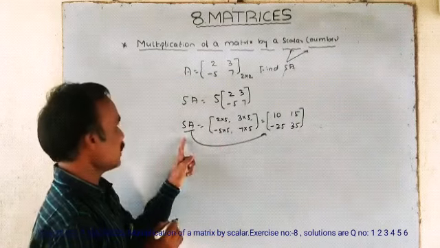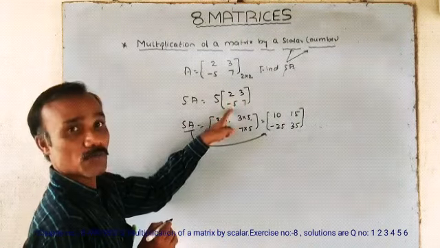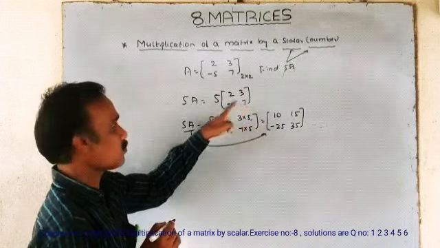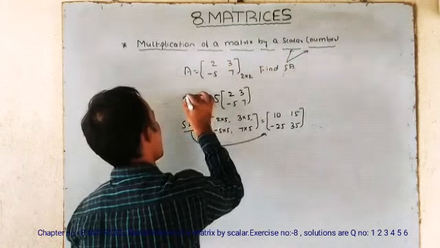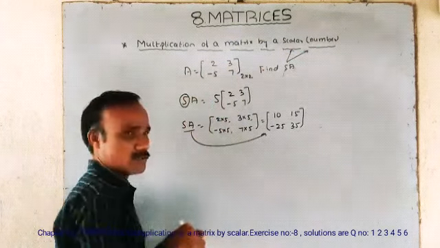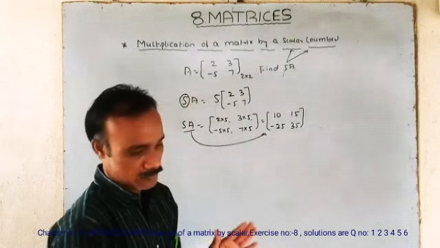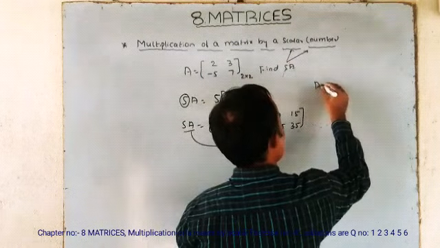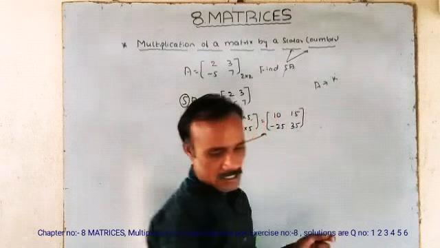Suppose you are finding 3A, yes, 3 twos are 6, 3 threes are 9, minus 5 into 3, minus 15, and 3 into 7, 21. So the very important thing is multiplication of a matrix by a scalar. Scalar means any number, whatever it may be, either negative or positive. So in general, suppose A is any matrix of some order, and K is any number.